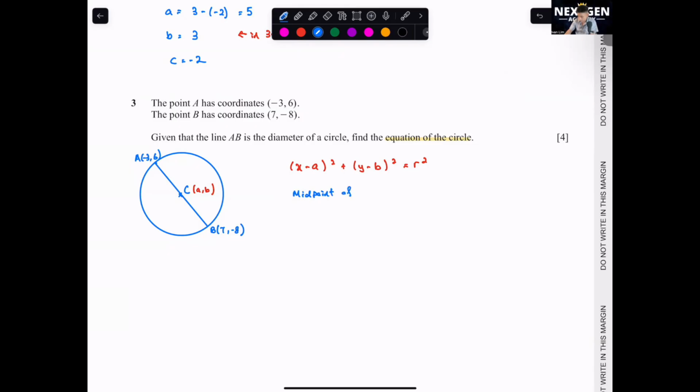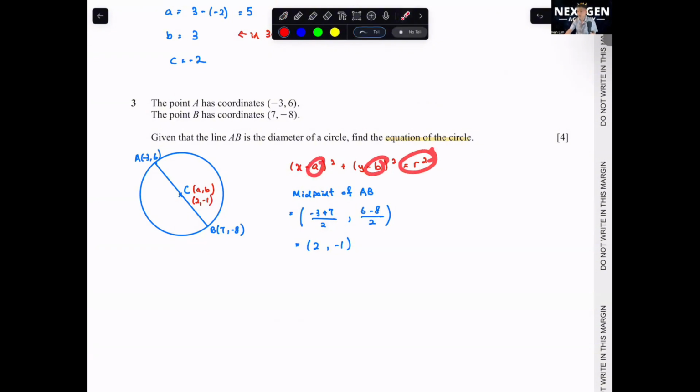Midpoint of AB equals (-3 plus 7) divided by 2, (6 minus 8) divided by 2, which will get -3 plus 7, which is 4, 4 over 2, which is 2, 6 minus 8, minus 2, divided by 2, minus 1. So the center here is (2, -1).